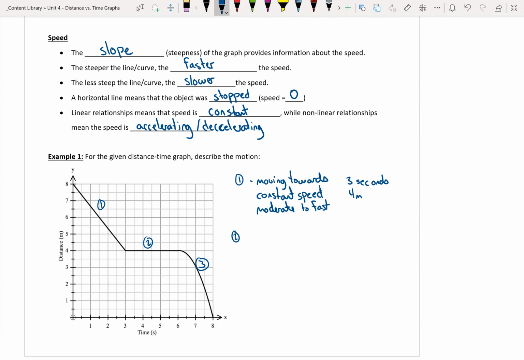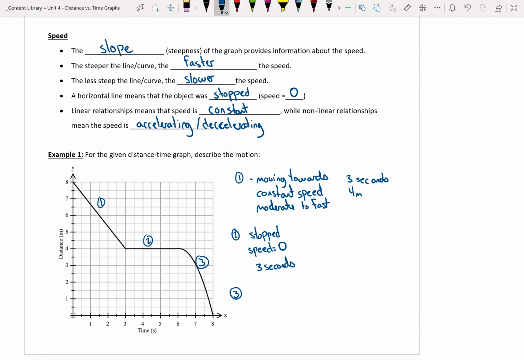In number 2, in this section, we are stopped because it is a flat line. Speed is equal to 0. And you could say that it lasts 3 seconds. In number 3, here we could say that it is, again, moving towards.